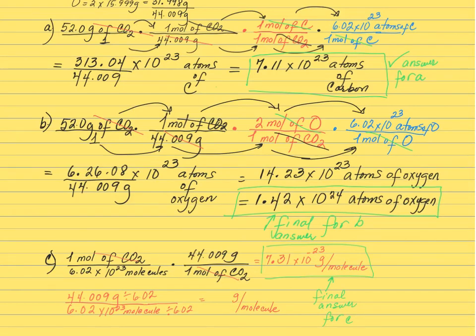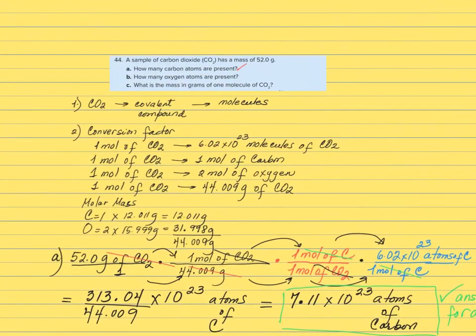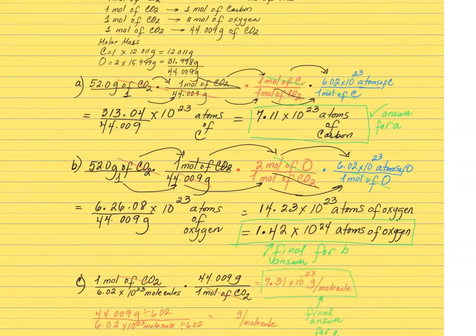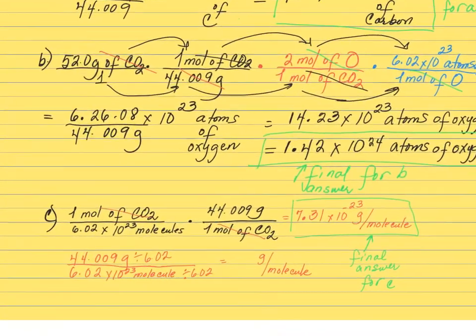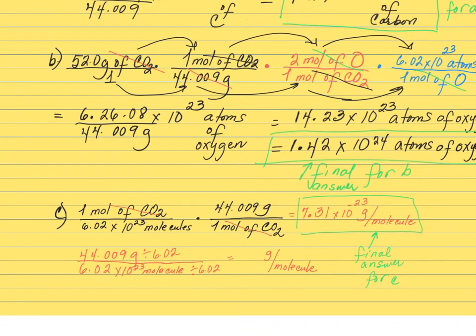Now, for the last one, it says over here, what is the mass in grams of one molecule? One molecule. Okay. And I didn't start with the one molecule. I start with 1 mole. Why?